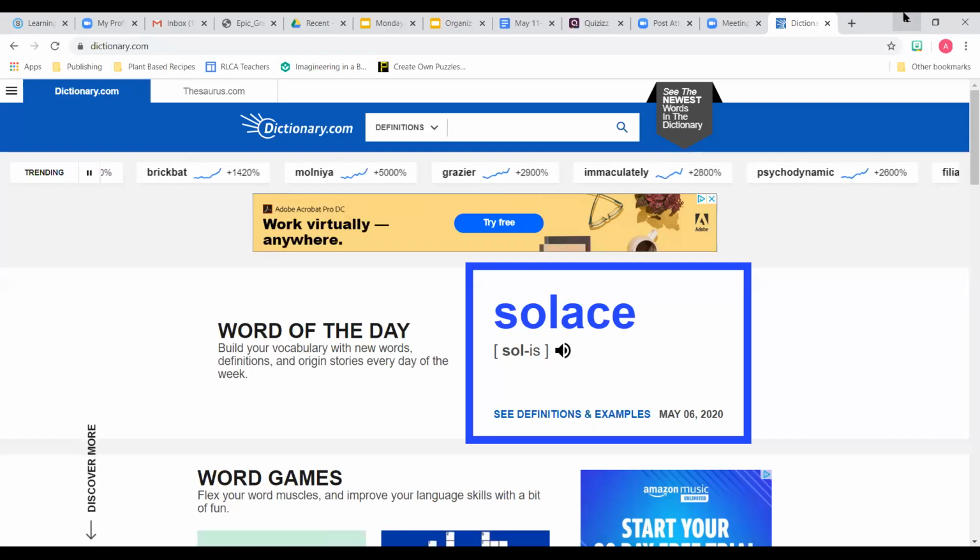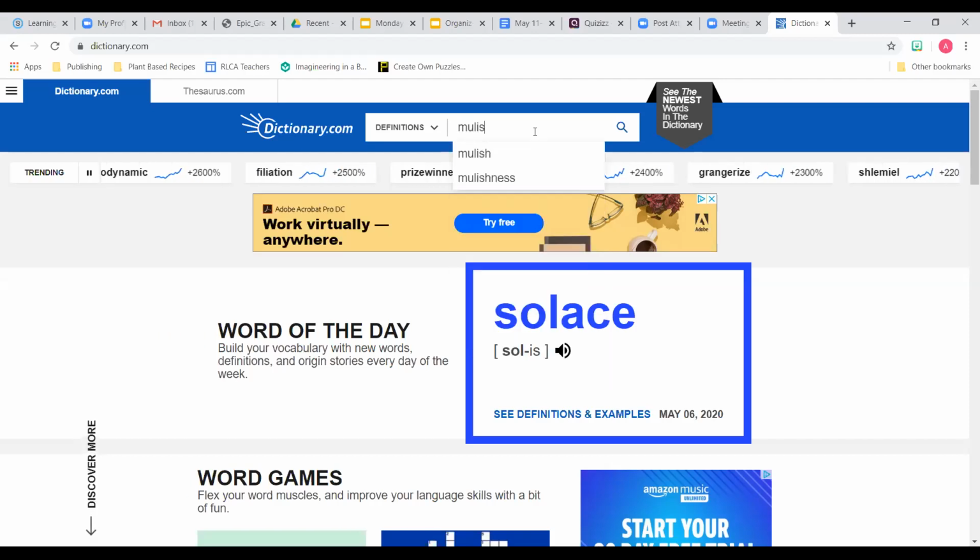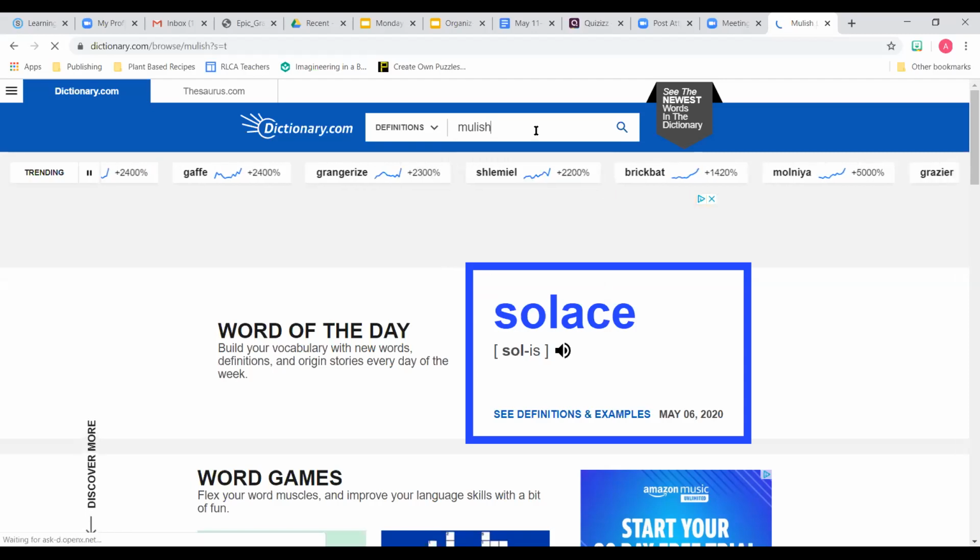And again, those are important things to know, but because of the day and age we live in, you can look up on your tablet, or you can ask your Alexa or your Google, but you can also use dictionary.com. So for example, if we were going to look up one of our vocabulary words, we could look up the word mulish. And so we would type it in, and it even brings up options for us. So different ways of saying mulish, but we're just looking at mulish, so we're going to look that up.